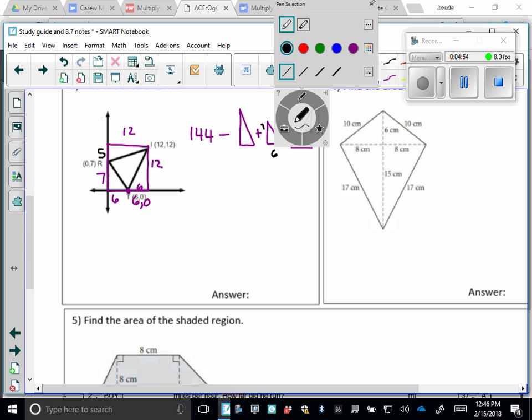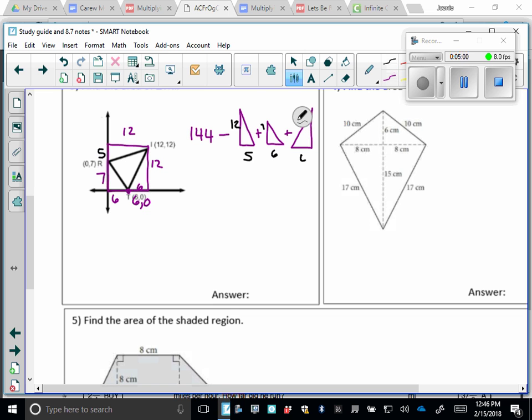That makes this 5, so this is a 5 by 12. And this is a 6 by 12. So 144 is the square. And we want to subtract out the area of the triangles.